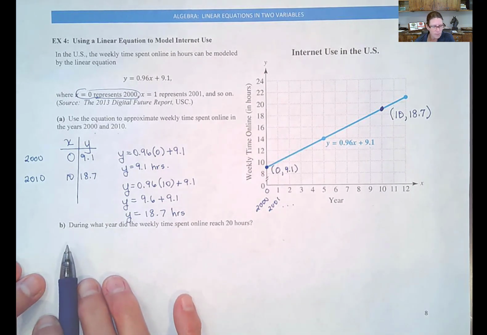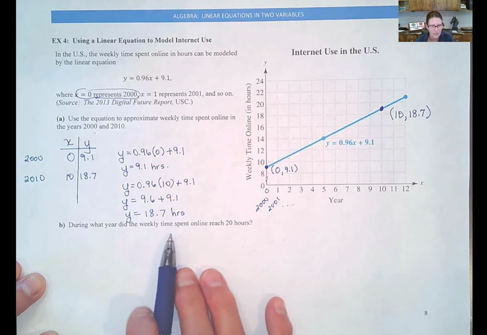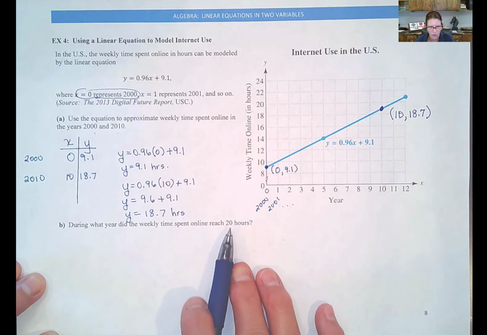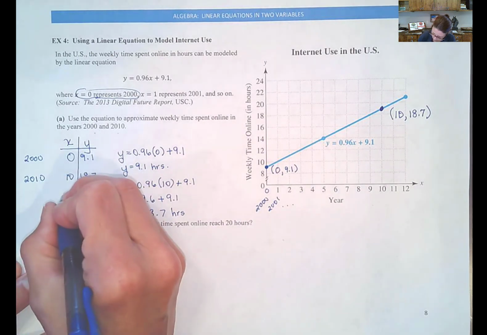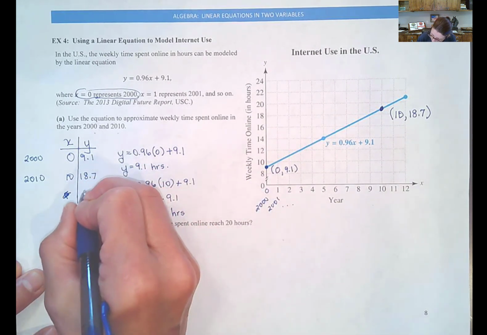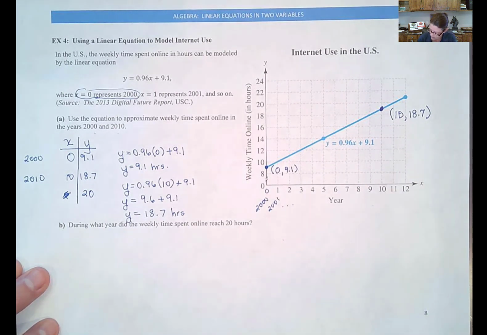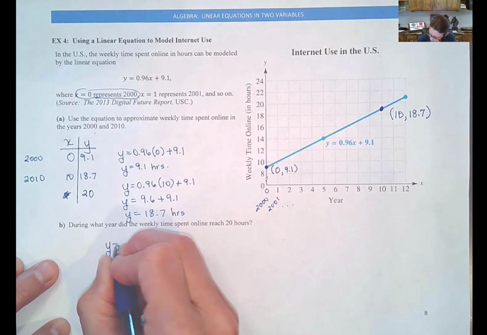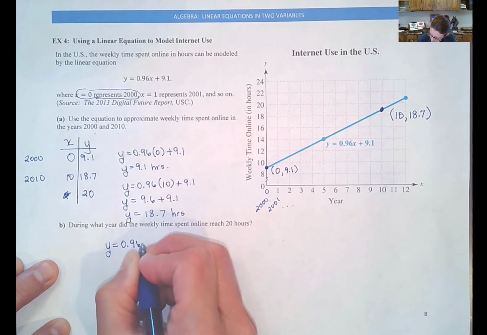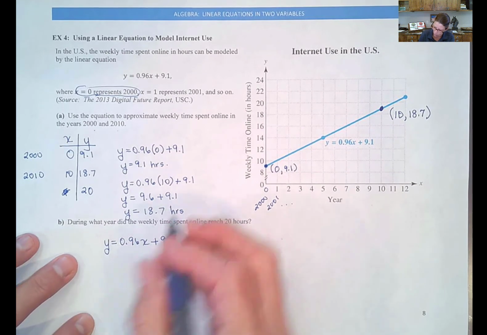Then lastly, here in part B, let's turn this around. During what year did the weekly time spent online reach 20 hours? So here we're given the y value, hours, and asked to find x. So in our equation, y equals 0.96x plus 9.1, replace y with 20.